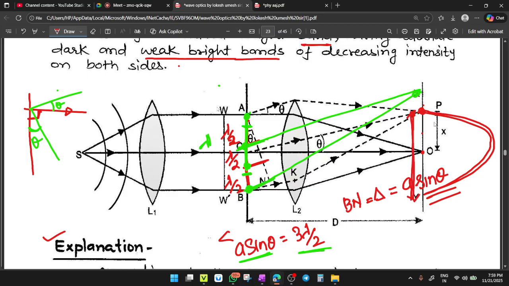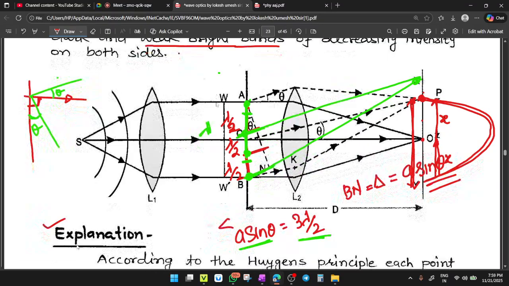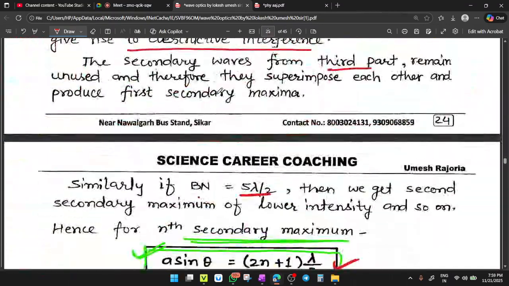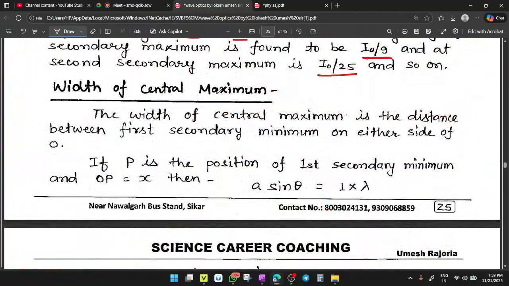If this distance equals x, this also has to be equal to x, and x plus x equals 2x. You need to find this 2x.